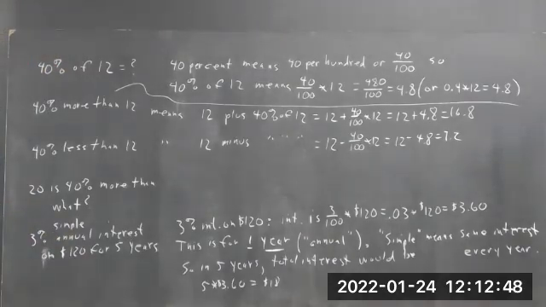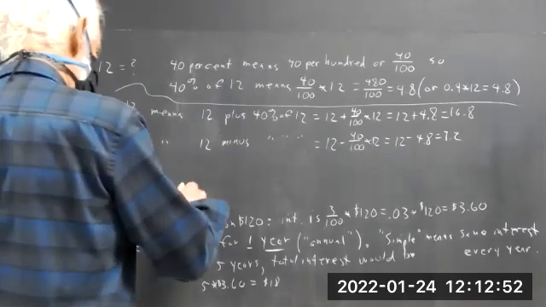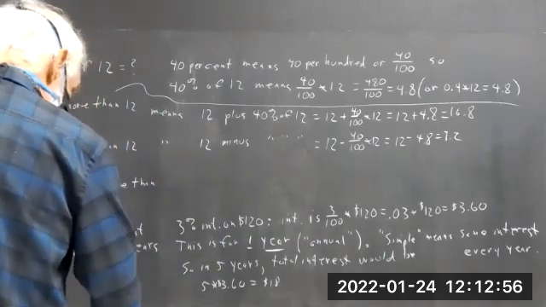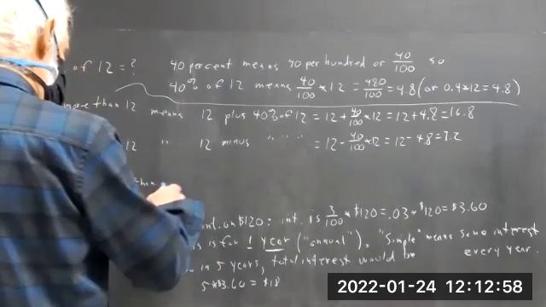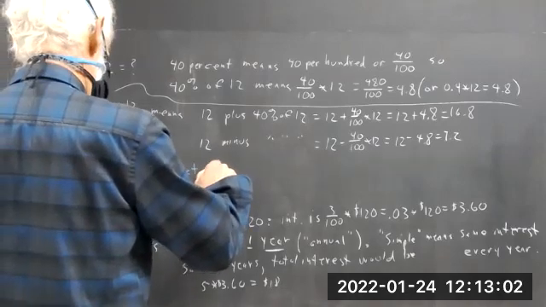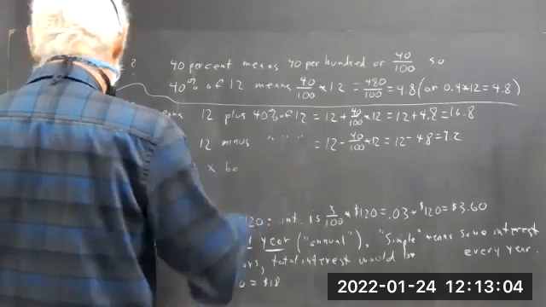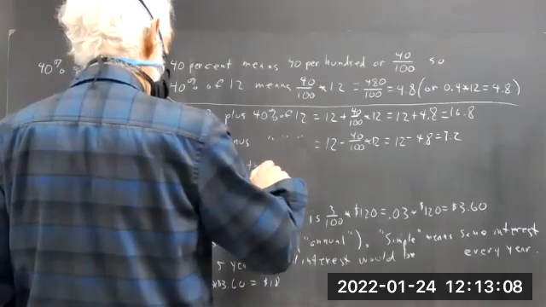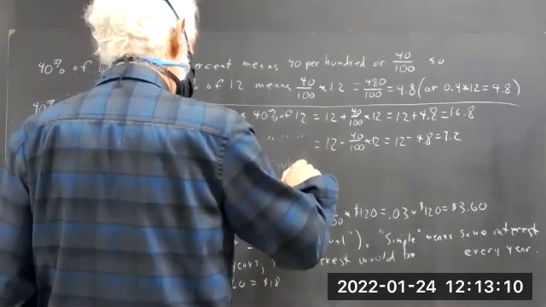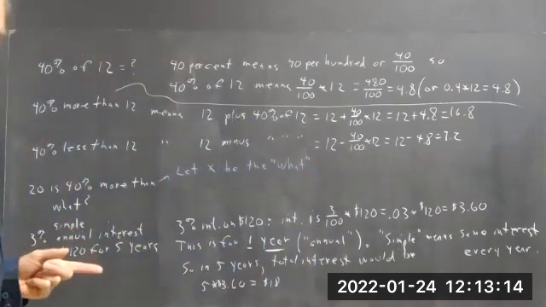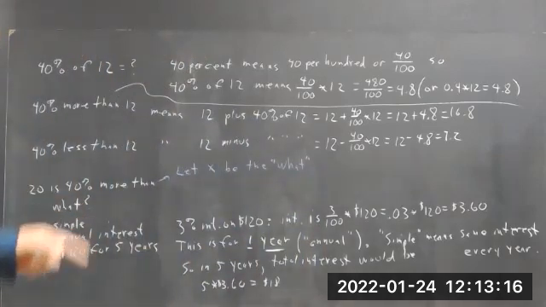The way we would solve this is, I'll say, well, that could be the X that your 20 is 40% more than.